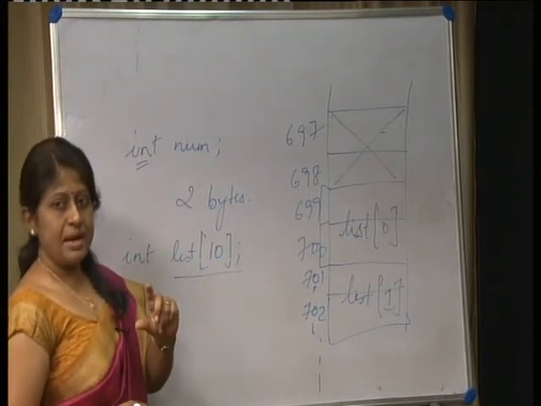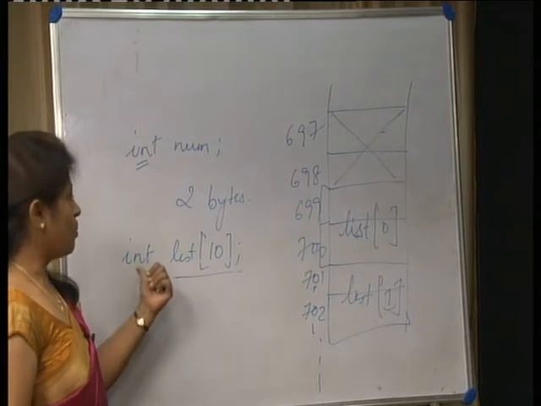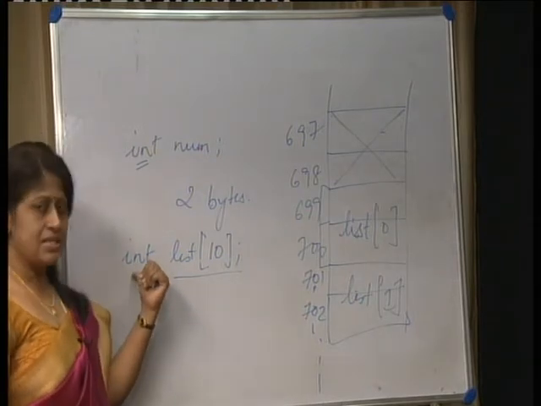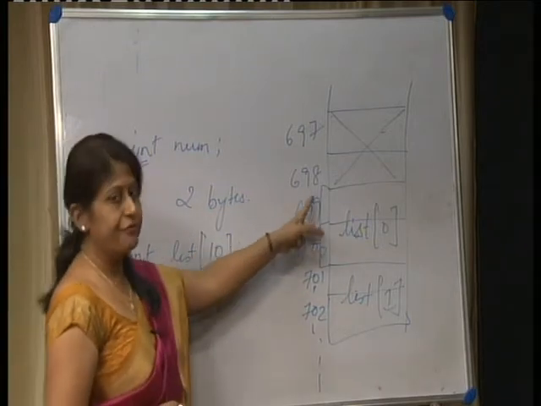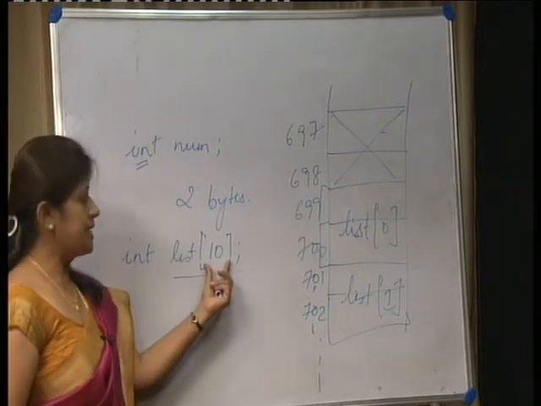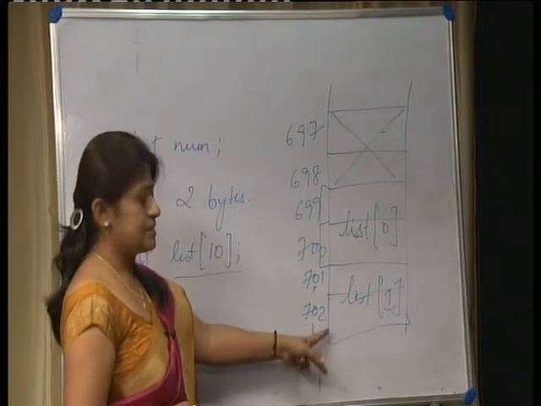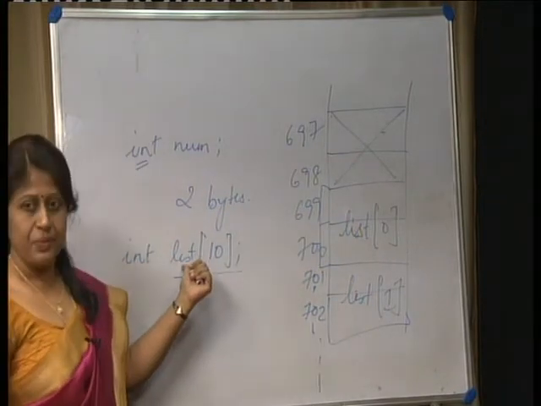That simple data type always depends on what data type we have chosen over here. Since I have chosen int, it is going to be a set of integers, and the size I have given here, 10, means 10 integers would be allocated for my array list.